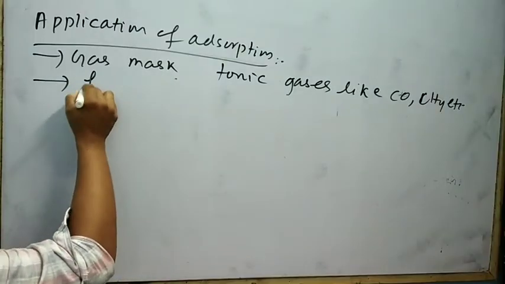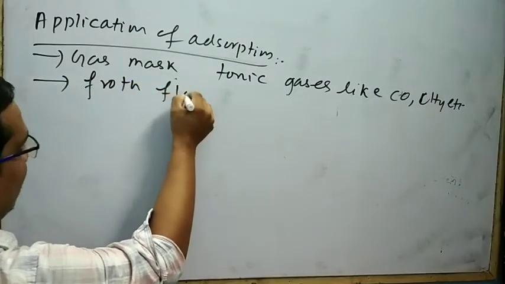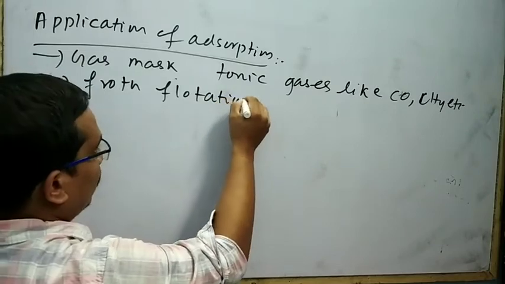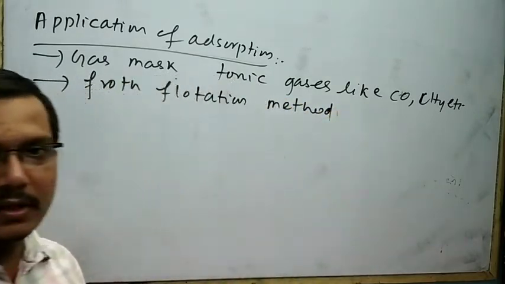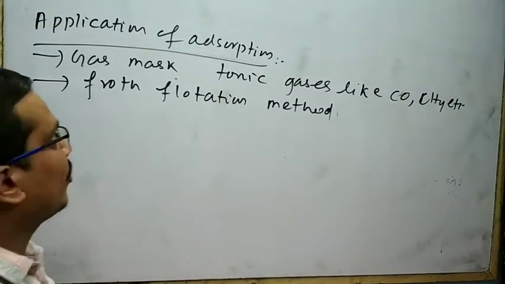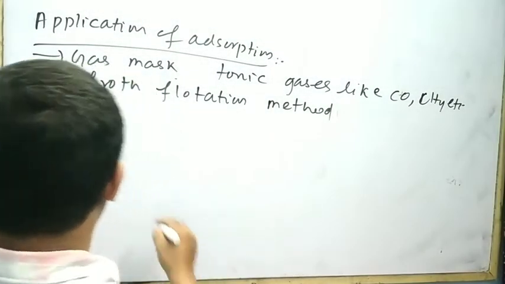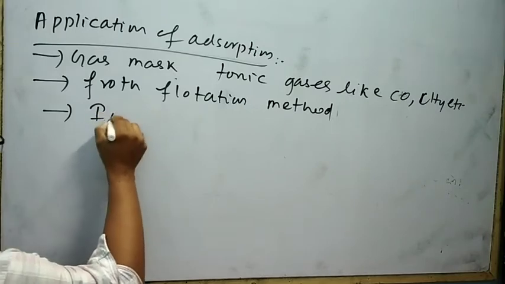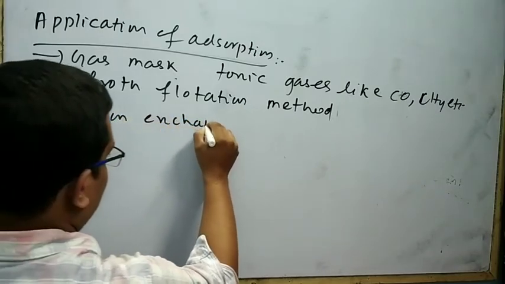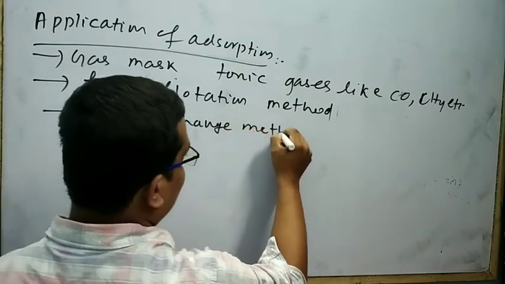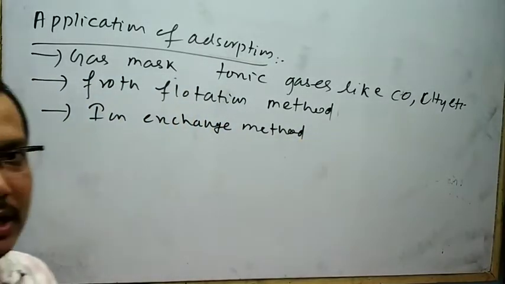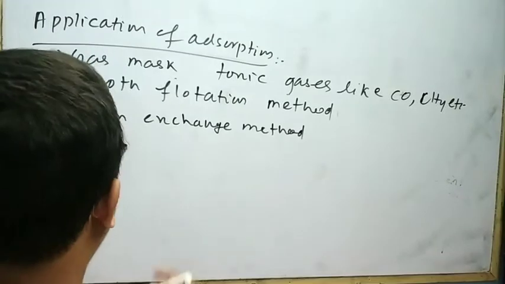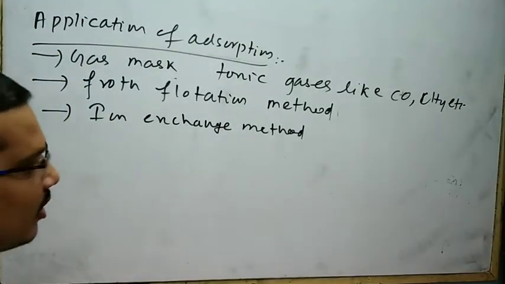Next is the froth flotation method, used in the extraction of metal. This is also based upon adsorption. Next point is the ion exchange method, which is used for softening of hard water. This is also based upon adsorption.